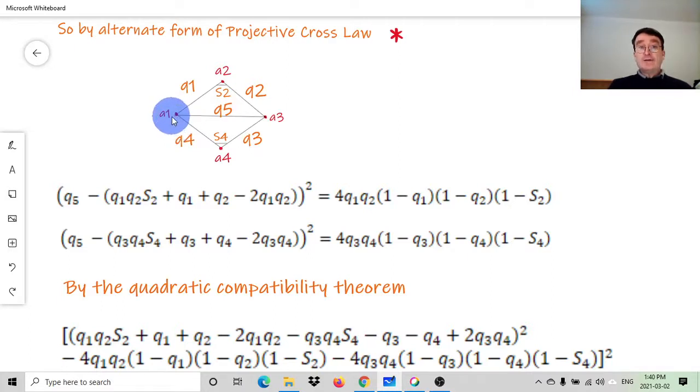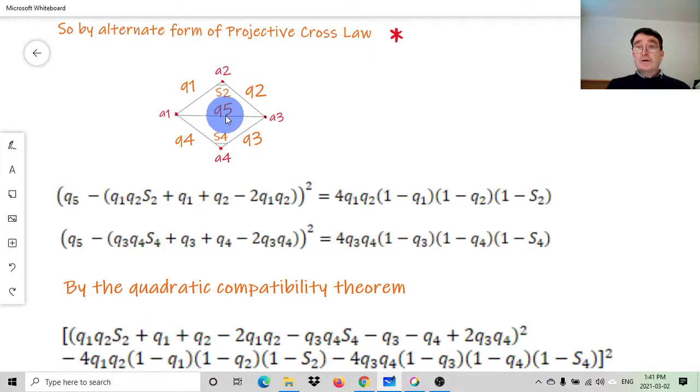The quadrilateral has points A1, A2, A3, and A4, side quadrances Q1, Q2, Q3, Q4, and the spread at point A2 is S2, and the spread at point A4 is S4. They have a common edge between A1 and A3, which has a quadrance of Q5.